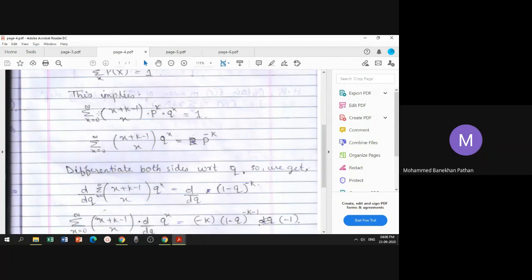This summation depends on x, because in the summation x is changing. So p raised to k is a constant factor which I can take out of the summation. And this p raised to k, I will shift to the right hand side. So it becomes 1 upon p raised to k, and that will be written as p raised to minus k.